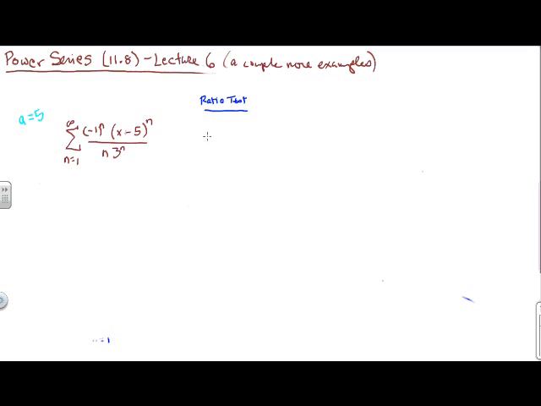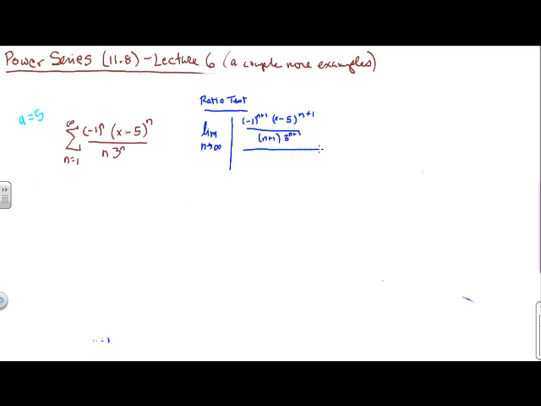So we're going to look at the limit as n goes to infinity of (-1)^(n+1) (x - 5)^(n+1), sorry, the n plus first term here, over (n + 1) times 3^(n+1).